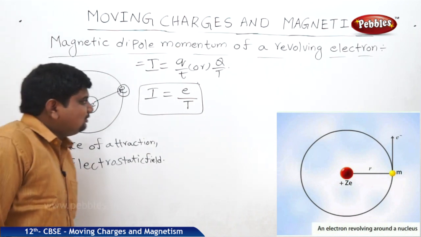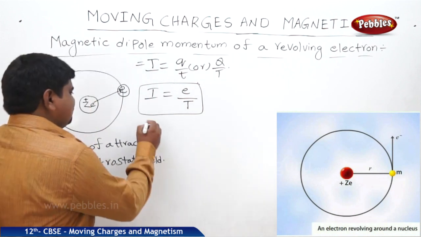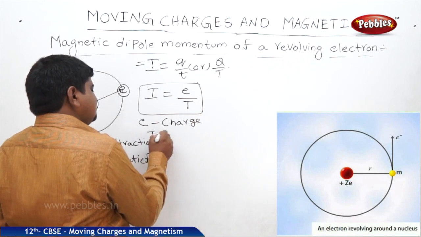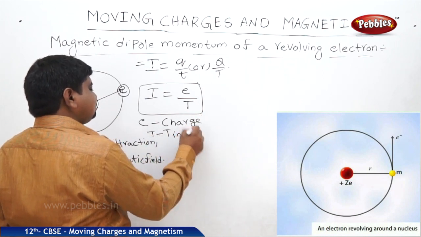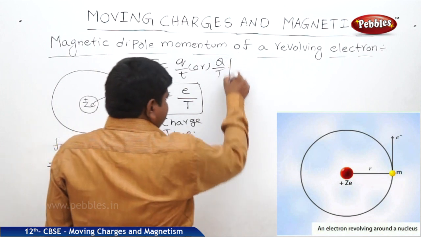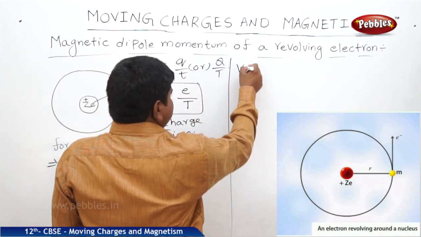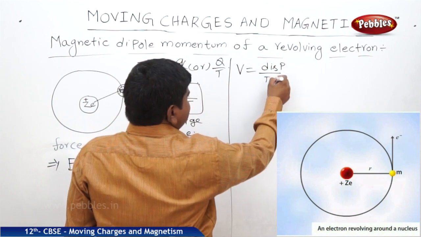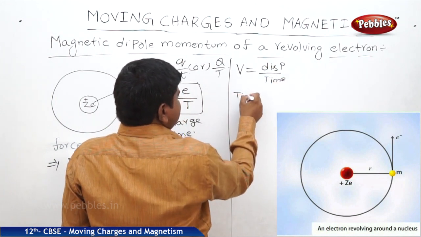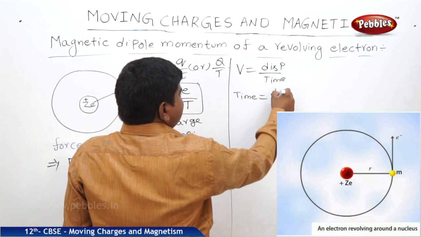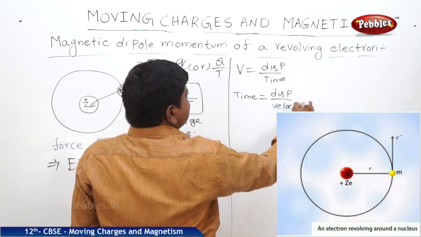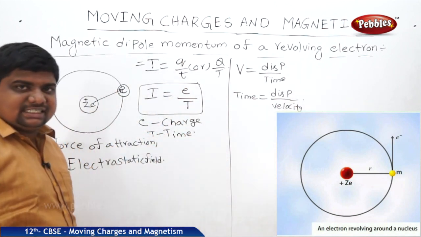So I is equal to e by T, where e is equal to charge, T is equal to time. Now what is time? We know that velocity is equal to displacement by time. So time is equal to displacement by velocity, or distance by velocity when it is in a uniform state.